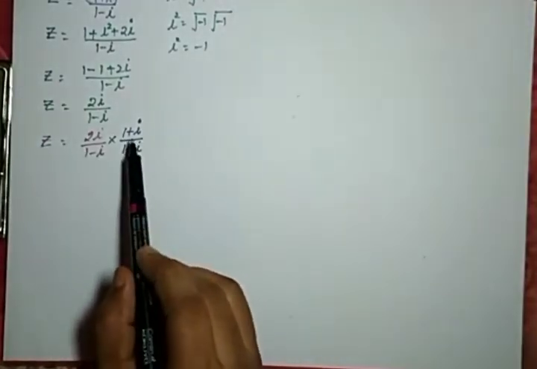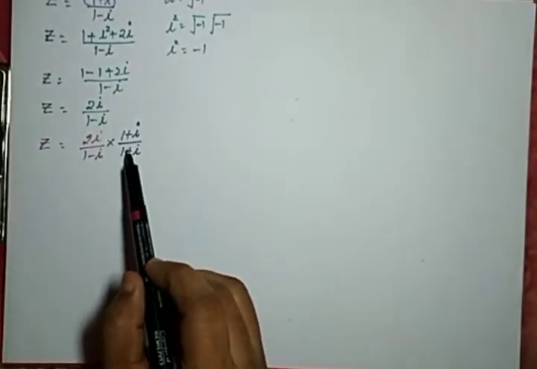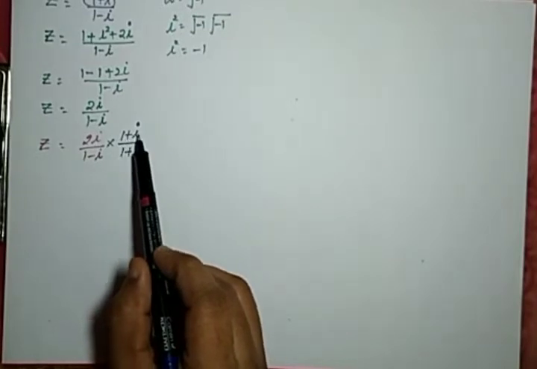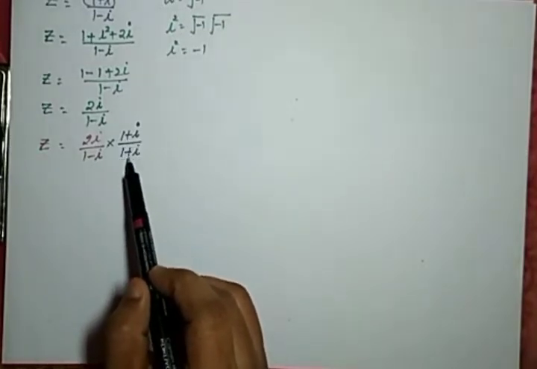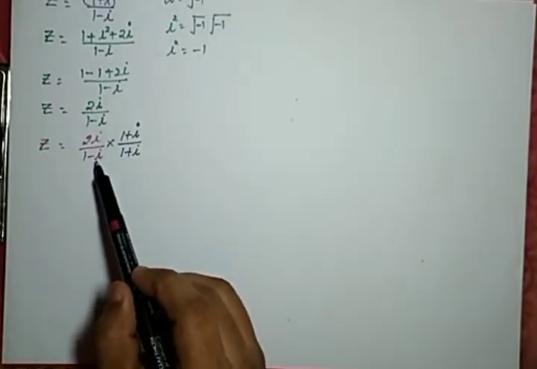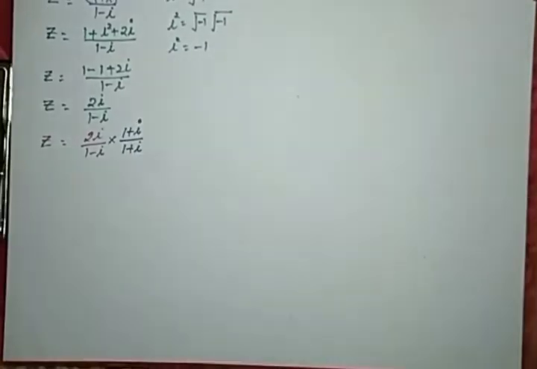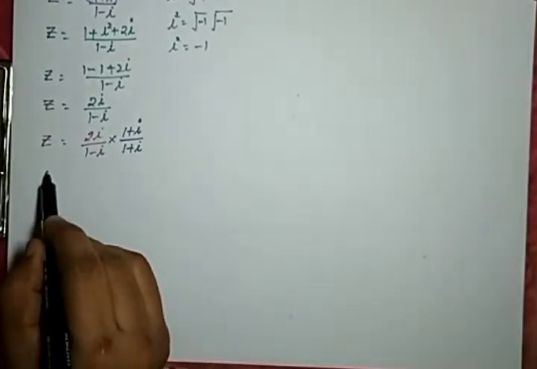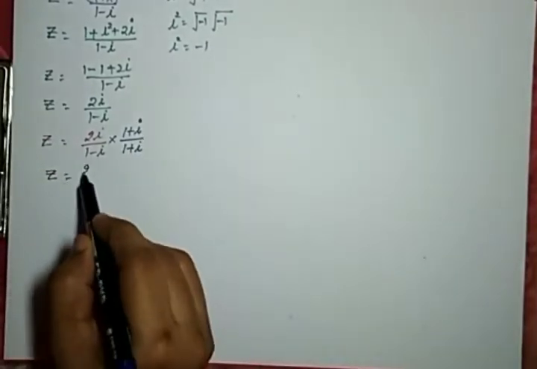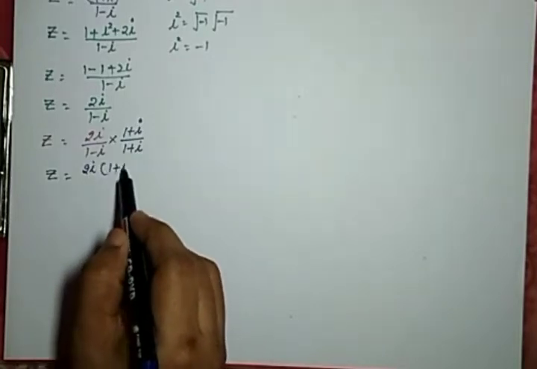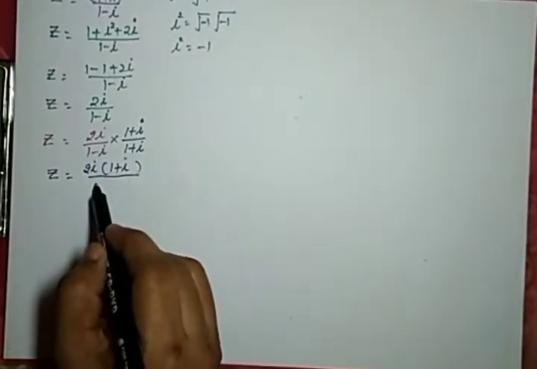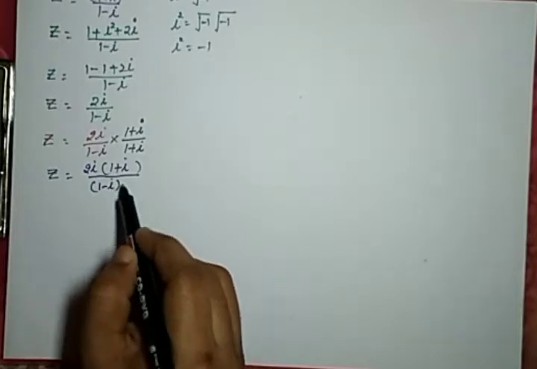So now I am going to multiply and divide the number by 1 plus iota upon 1 plus iota. In the complex conjugate, only the sign of the imaginary part is changed. Minus iota has become plus iota. So now z is equals to 2 iota into 1 plus iota upon 1 minus iota into 1 plus iota.